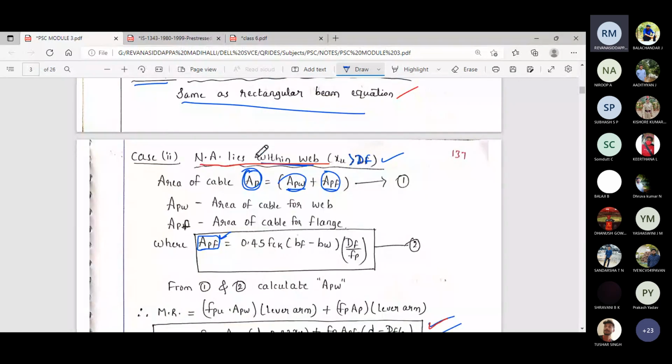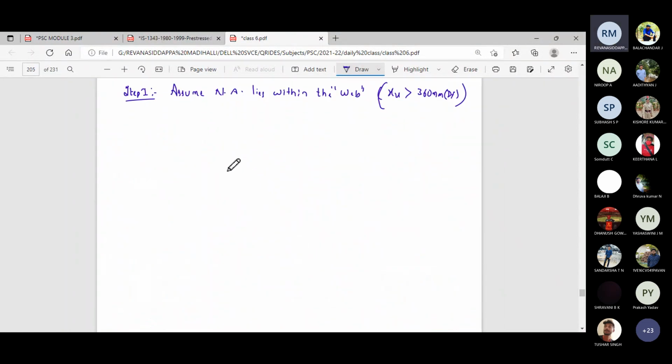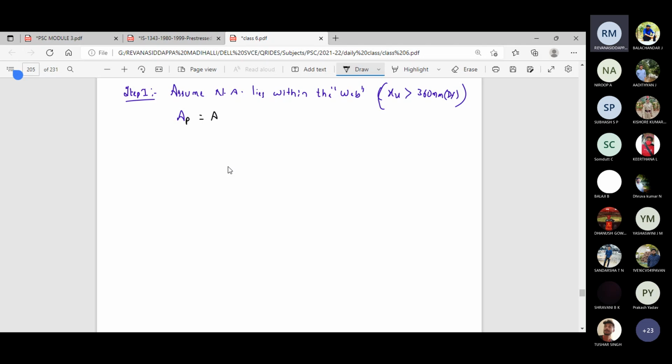AP is equal to APW plus APF: the overall pre-stressing steel is the area required for the flange plus the area required for the web.